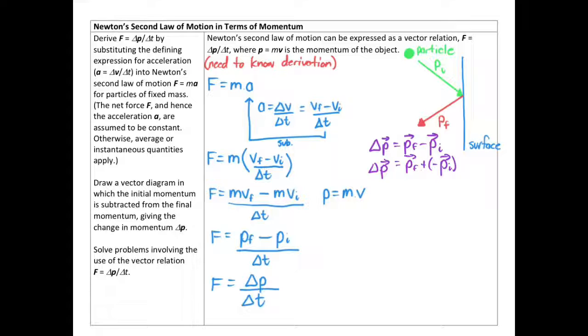So we've got Pi there. So that becomes minus Pi. And if we do the tail-to-tip rule, we get delta P there.